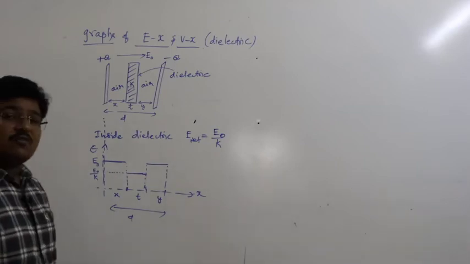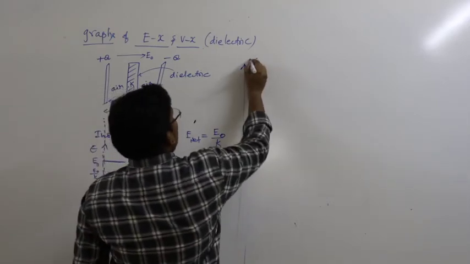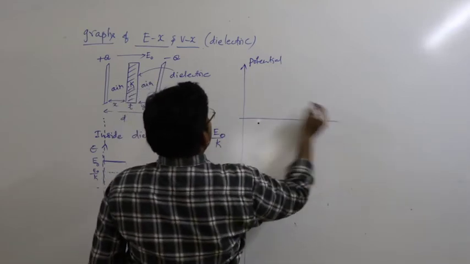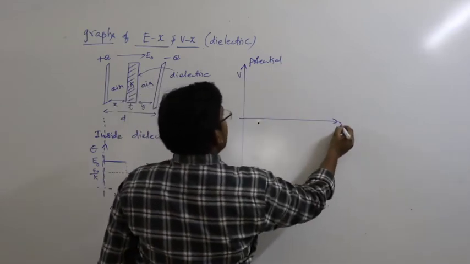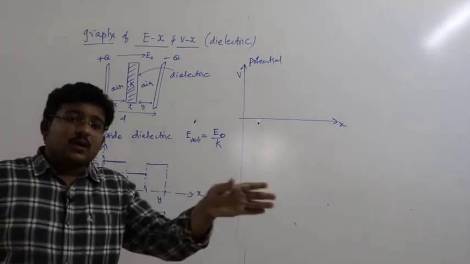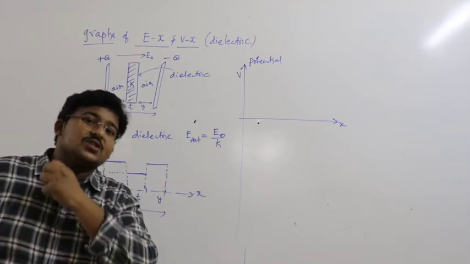Now what is the graph for potential versus displacement? Okay? Now you know that electric field always goes in the direction of decreasing potential.